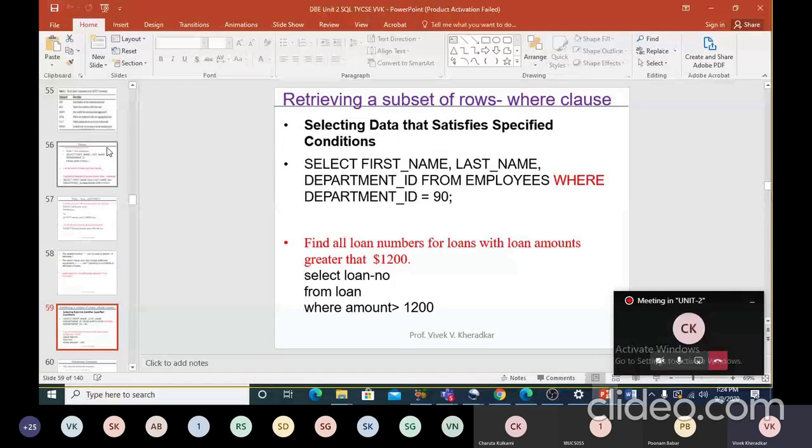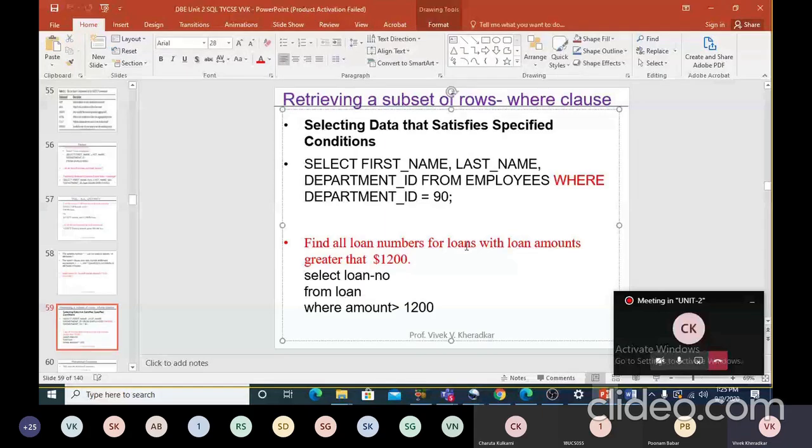Based on this, consider the query: find all loan numbers for a loan with loan amount greater than 1200. According to the requirement, the expected output is the loan number with loan amount greater than 1200. The table which satisfies this requirement is nothing but loan. That's why from contains the loan table.